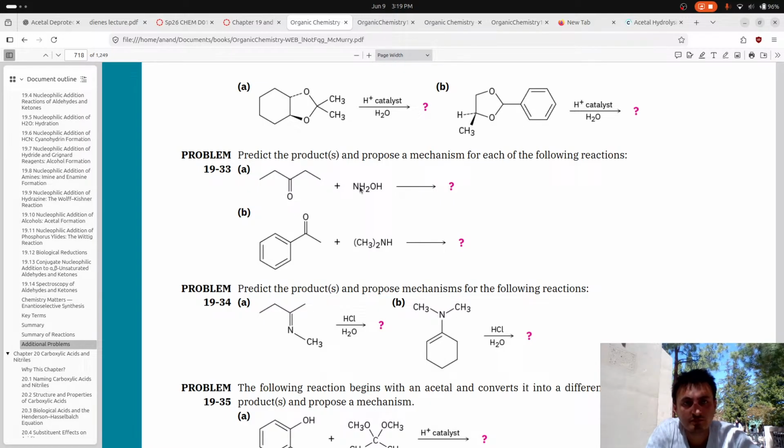All right, so we have pentan-3-one plus, and this would be called hydroxylamine. Yeah, hydroxylamine. So NH2OH is hydroxylamine.